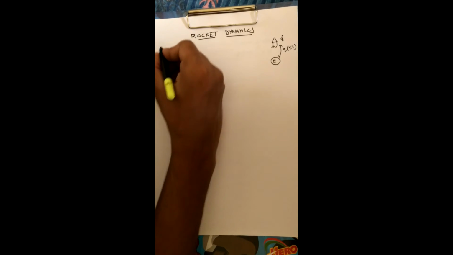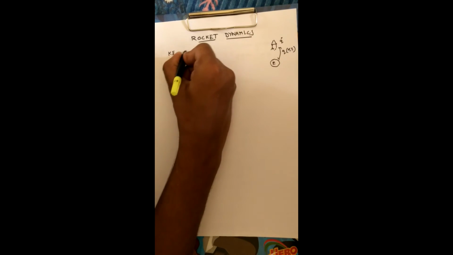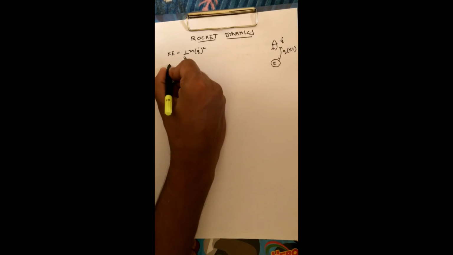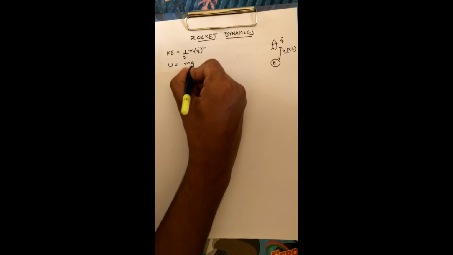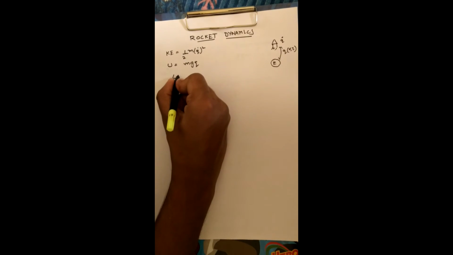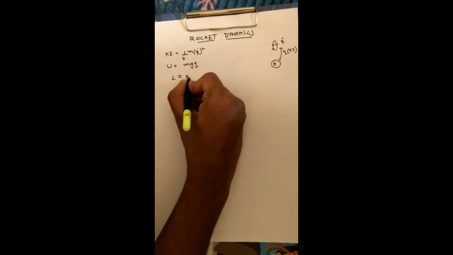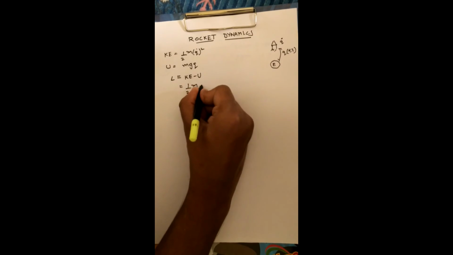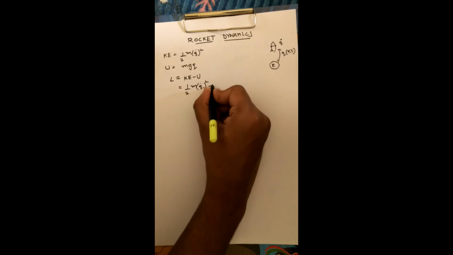This is a function of x and t. Now the kinetic energy of the particle is half m q dot whole square. Potential energy of the particle is mgq. By the definition of Lagrangian, it is the difference between kinetic energy and potential energy. Therefore it can be written as half m q dot whole square minus mgq.